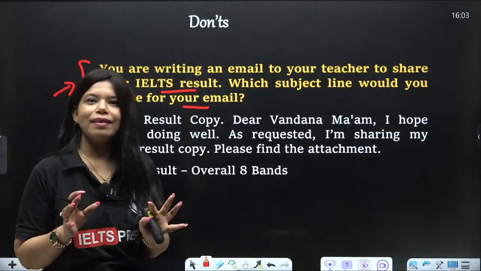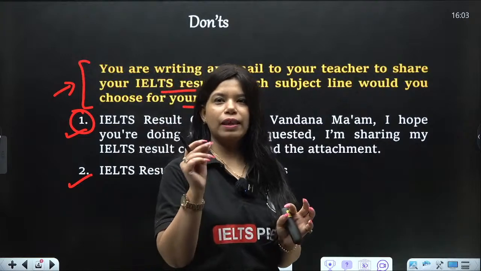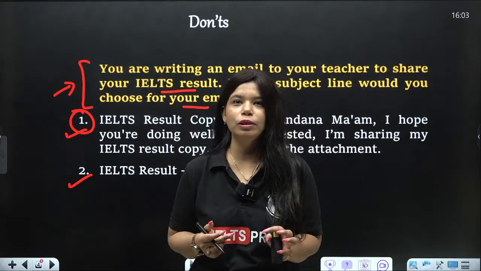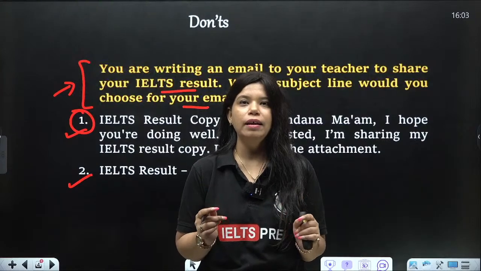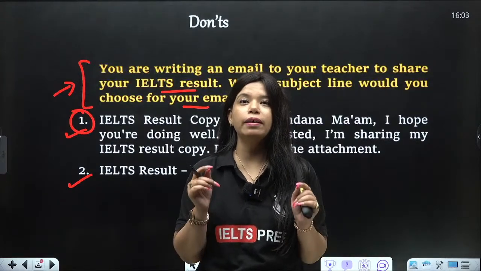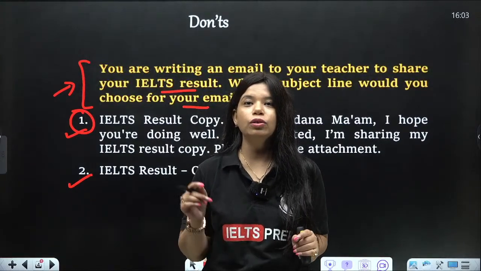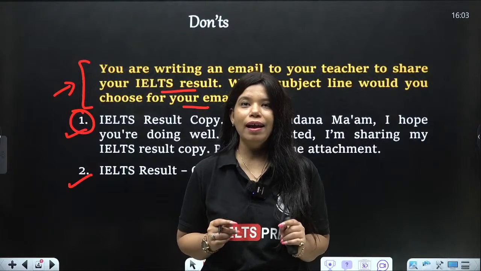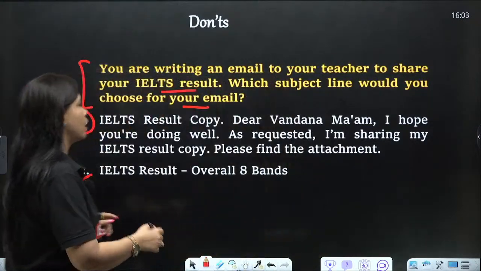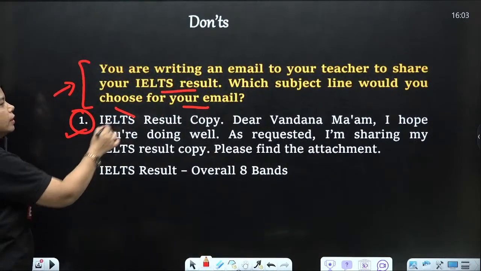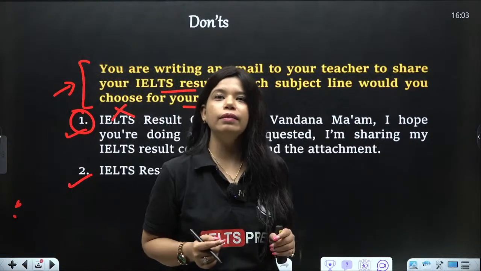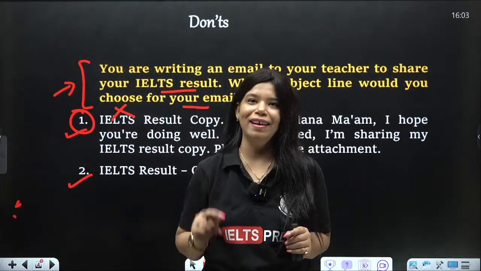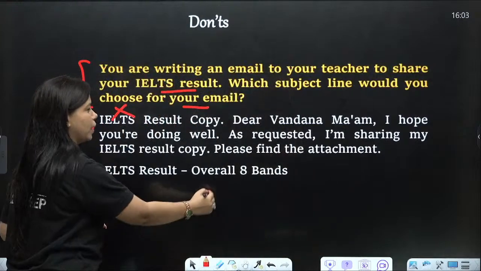Okay, let me break it down for you. Let me give you a hint since you are not responding. When we write an email, the subject line needs to be crisp. The subject line needs to be very, very short. And that is why option number 1 is incorrect, because this is a very lengthy sentence and we can't write lengthy sentences in the subject line, and that's why this is the right option.